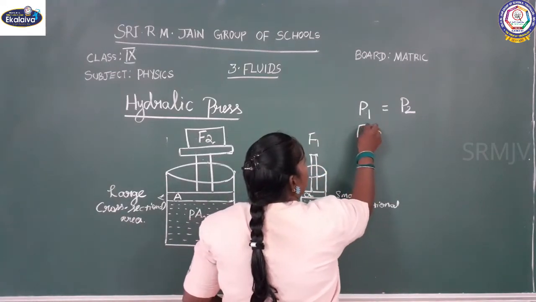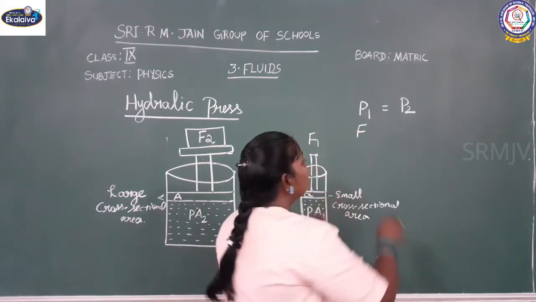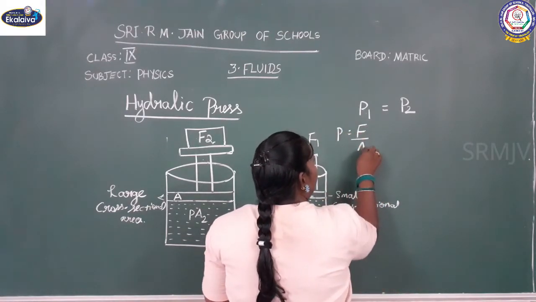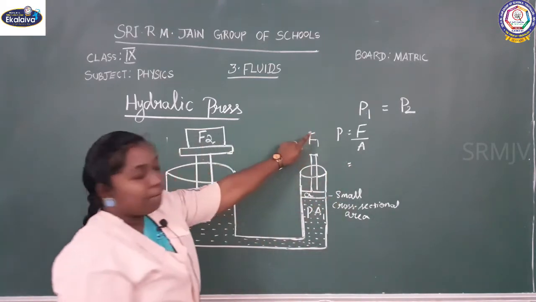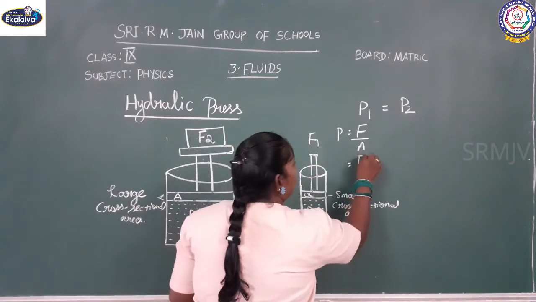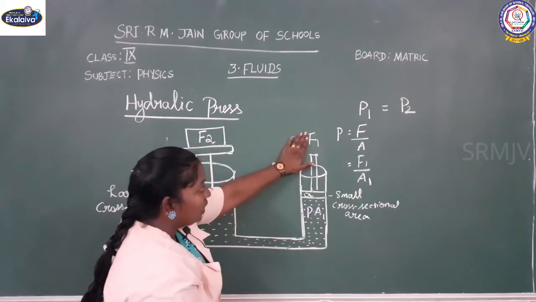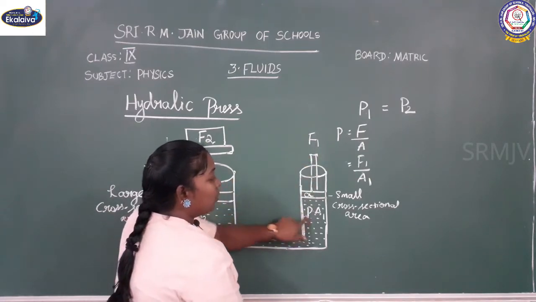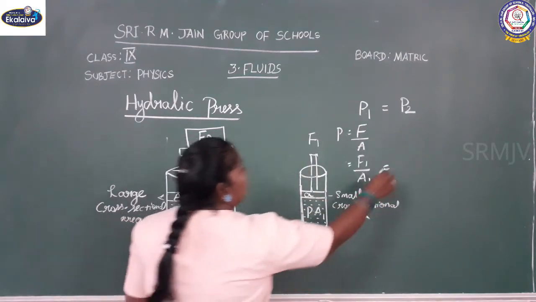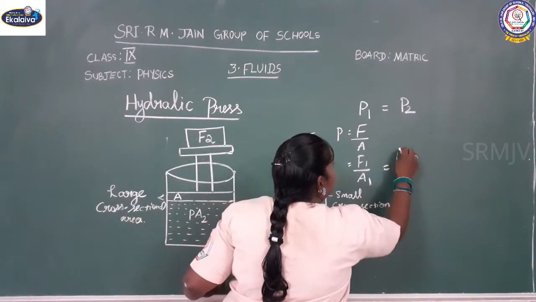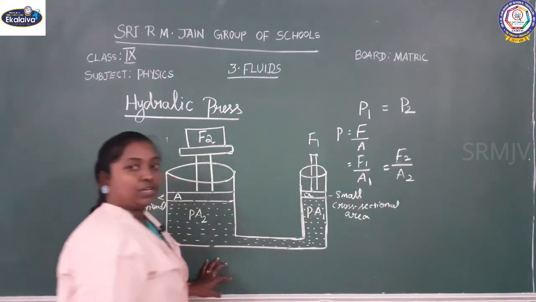We know the formula of pressure is P equal to F by A. So P1 equals F1 by A1, where F1 is the given force, and P2 equals F2 by A2.